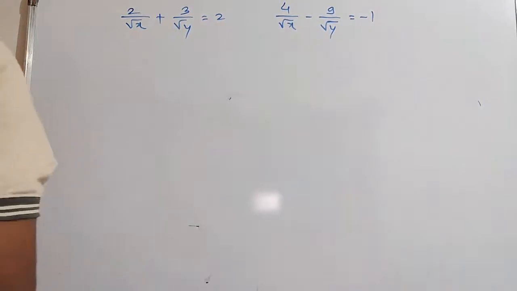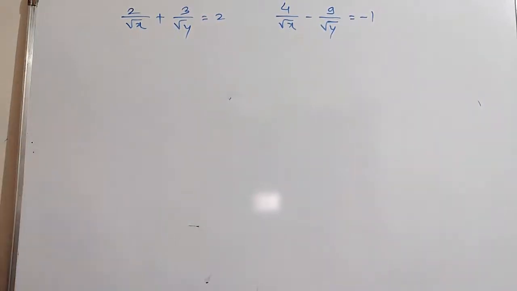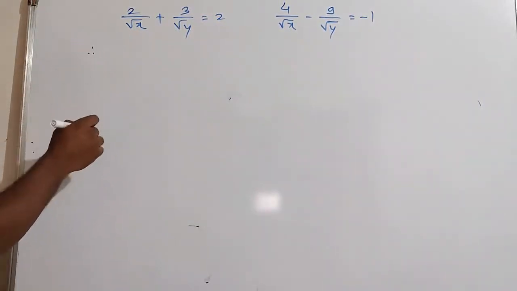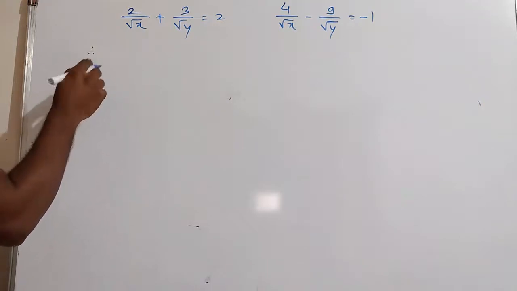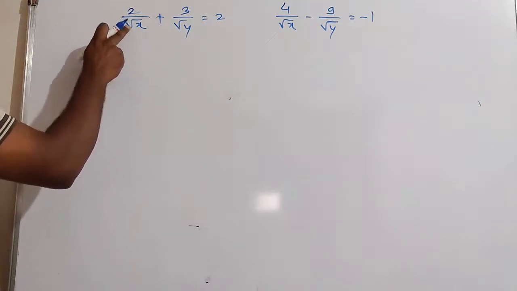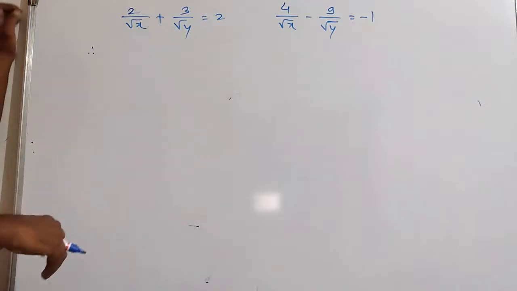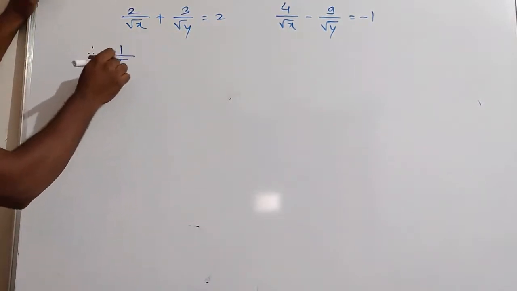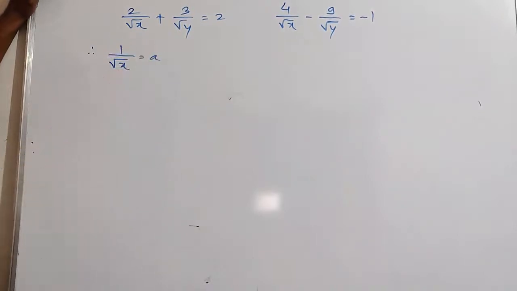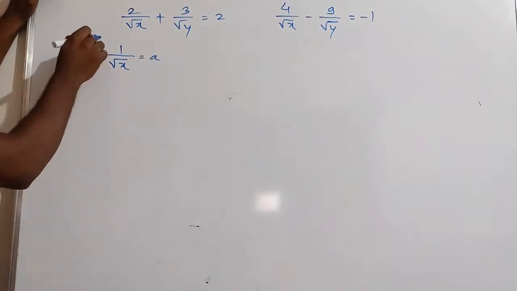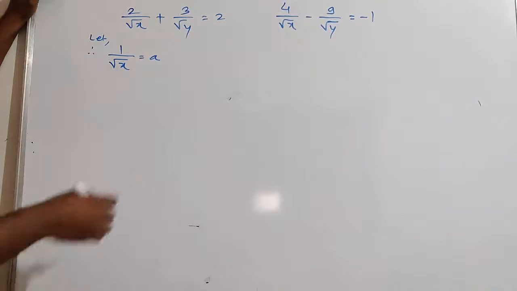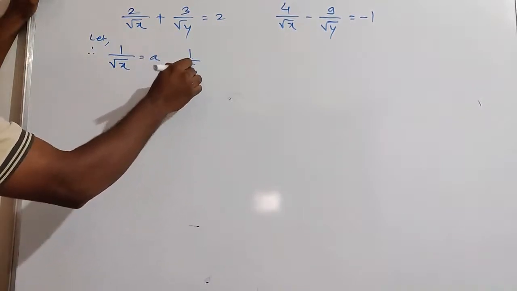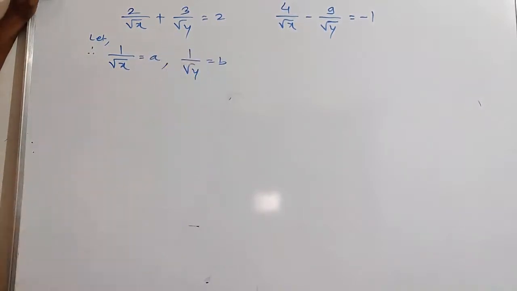Okay. Therefore, here the same way, but here root is there on that variable. So along with root we will consider 1 upon root x as a. Let 1 upon root x is equal to a, and 1 upon root y is equal to b.